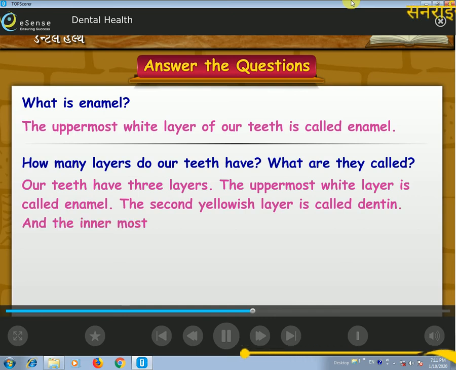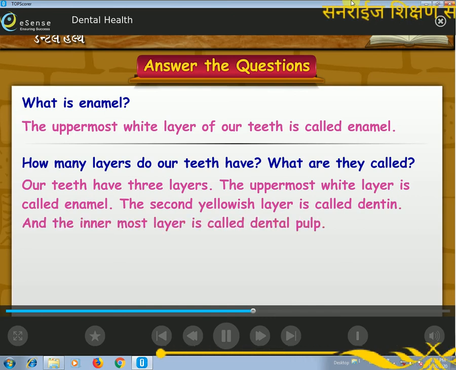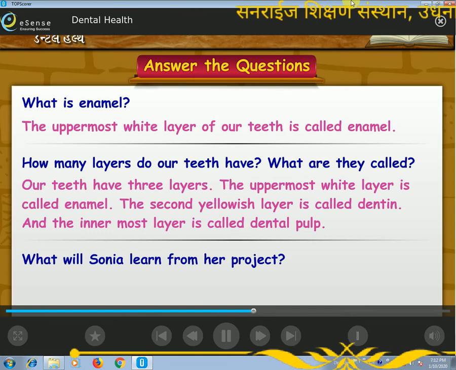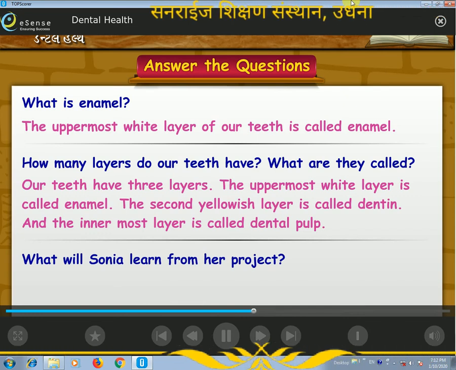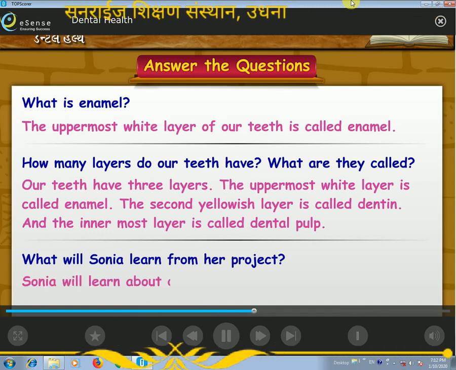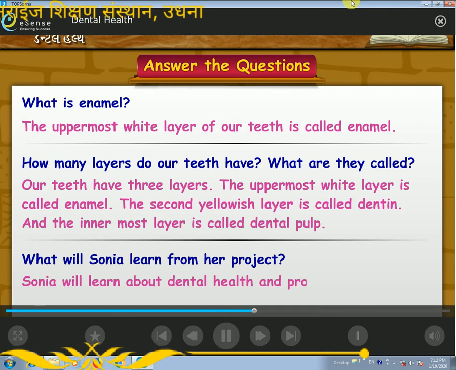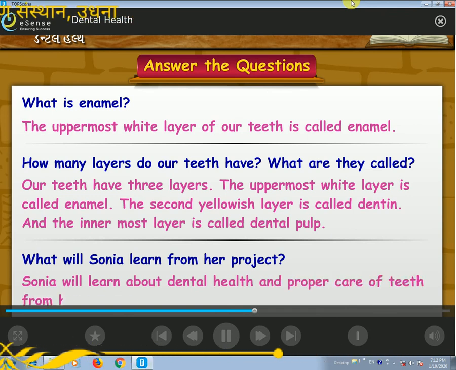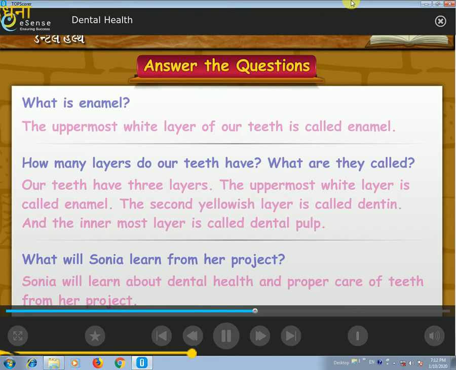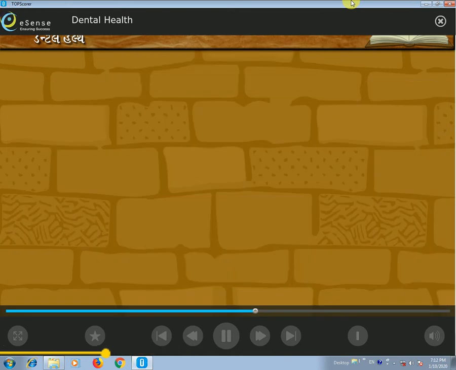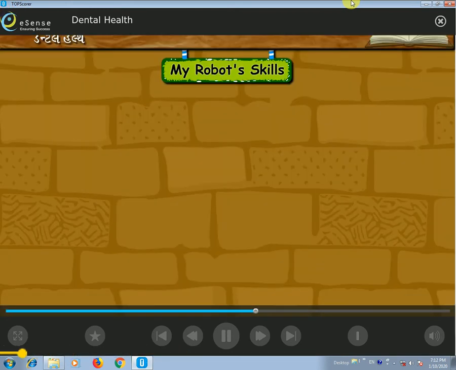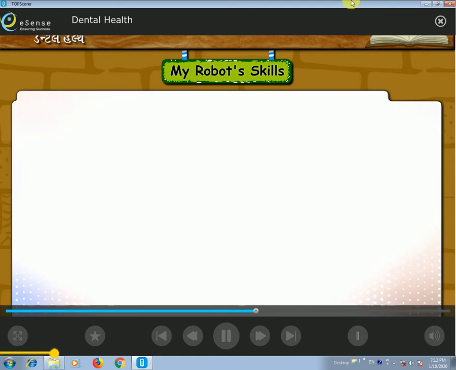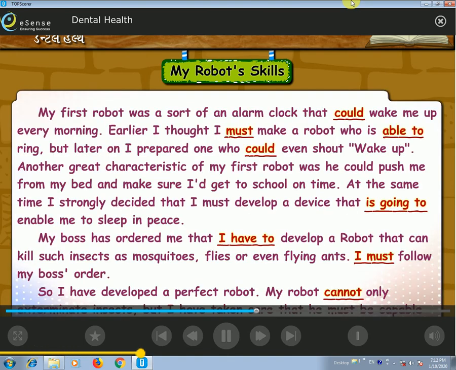Here is a passage on my robot skills. Let us read this passage. My first robot was a sort of an alarm clock that could wake me up every morning. Earlier, I thought I must make a robot who is able to ring. But later on, I prepared one who could even shout, "Wake up!"